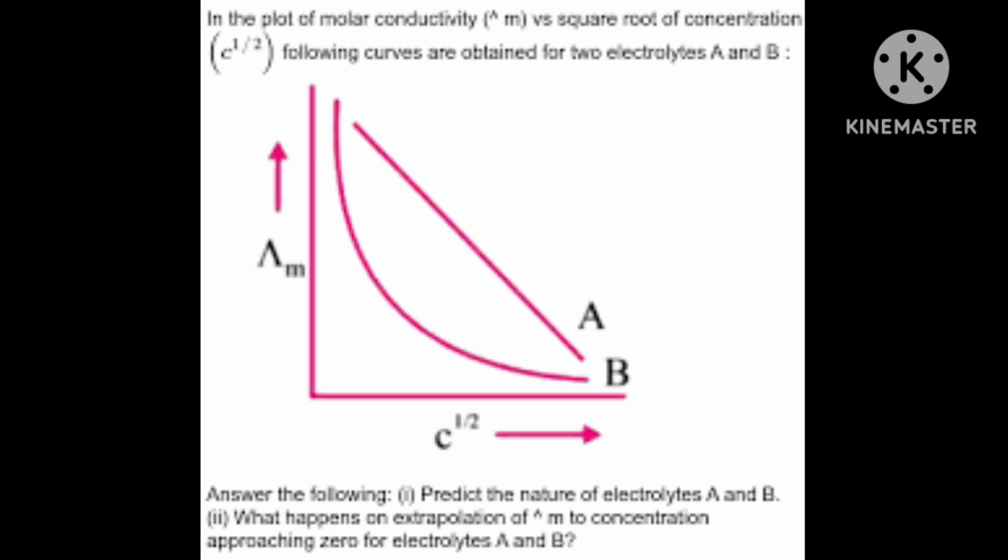If L is unity and A is unity, in that condition both will be the same, means conductance and conductivity both will be the same under this condition.